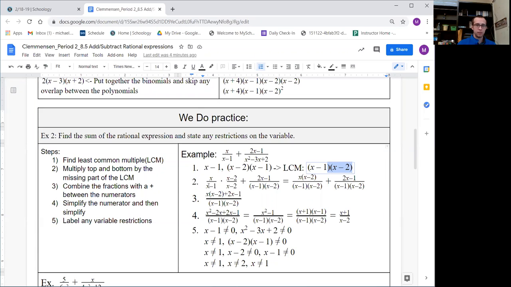All right, once I do that, multiply across, I end up with this right here. This one, on the other hand, already had the same least common multiple. These are already matched with these two, so I don't need to do anything extra. My denominator in this one and the least common multiple match, so this one's already good. This one already gives me the common denominator.